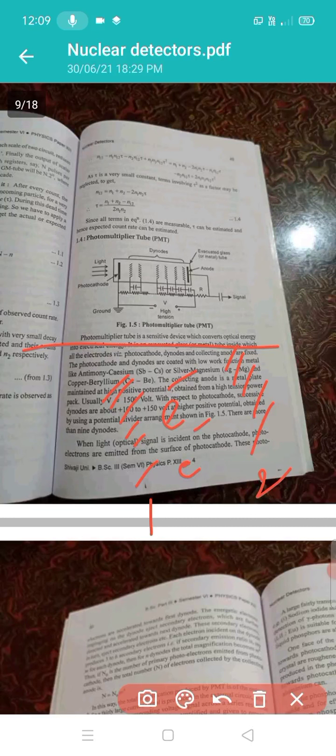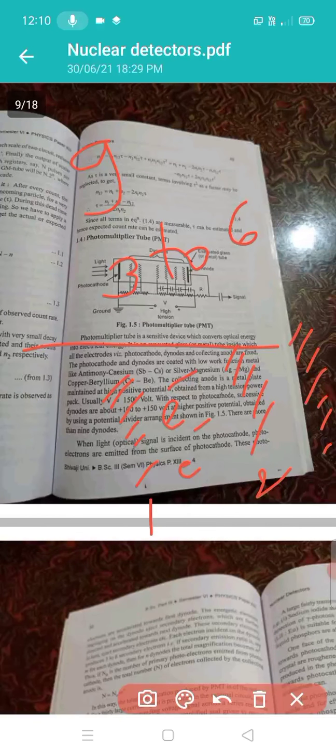The number of dynodes in the PMT is up to 9. Like this the electrons are accelerated towards the next dynode and secondary electrons are formed. There are 3 to 6 secondary electrons produced, and the secondary emission repeats again and again.